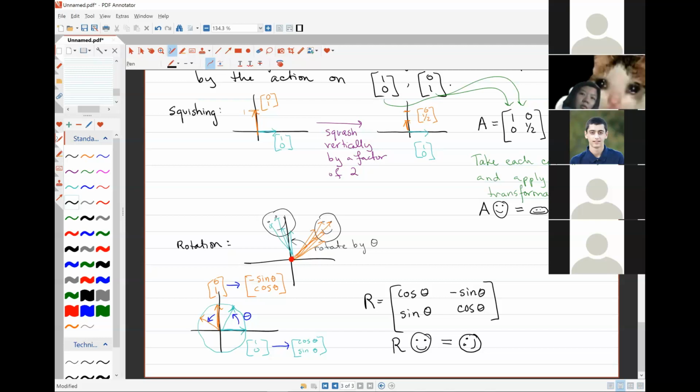Let's see if we can just take a moment. We can, for example, write down the rotation matrix for, say, 90 degrees. And so what's going to happen if I plug in pi over 2? The cosine of pi over 2 is 0, and the sine is 1. So this will be 0, negative 1, 1, 0.